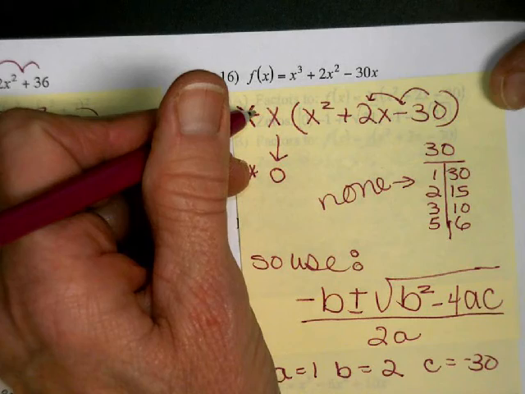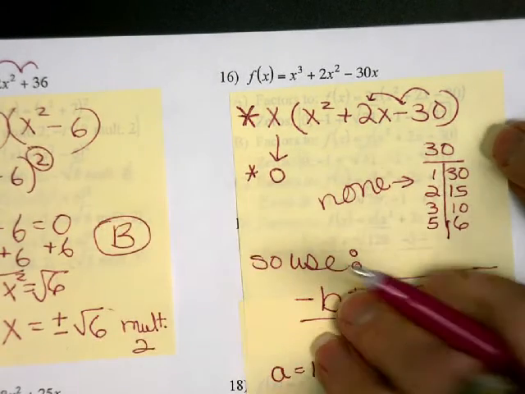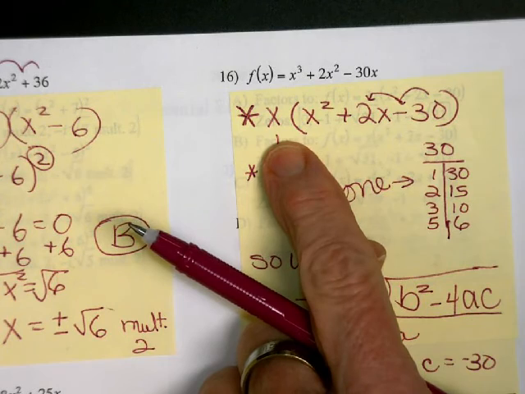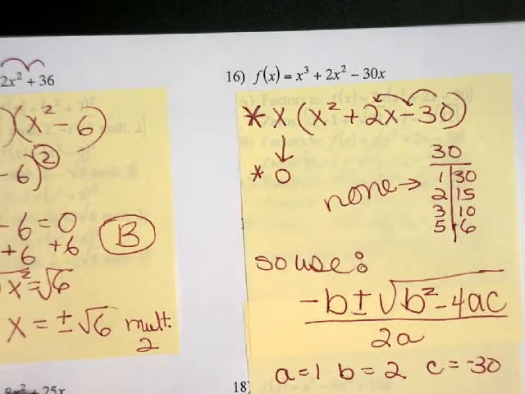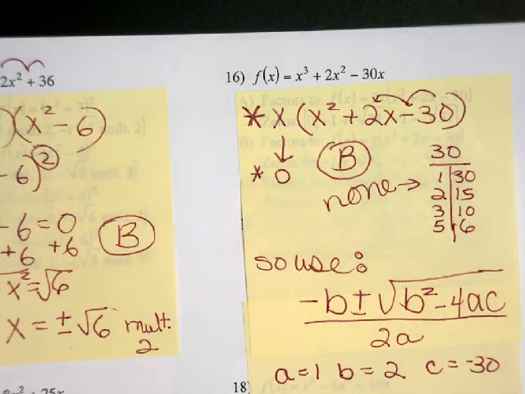This guy is your factor, and you might have found your value already, right? That guy is your factor on number 16. There's only one of them that has that as a factor, so I could have stopped. Nope, there are 2 of them.